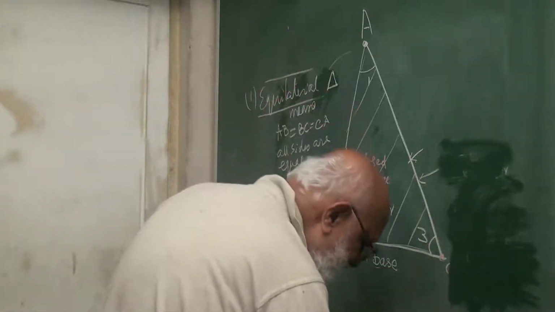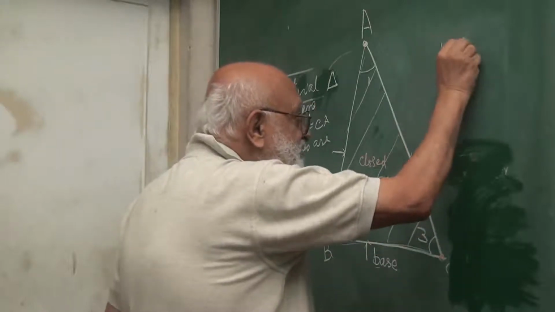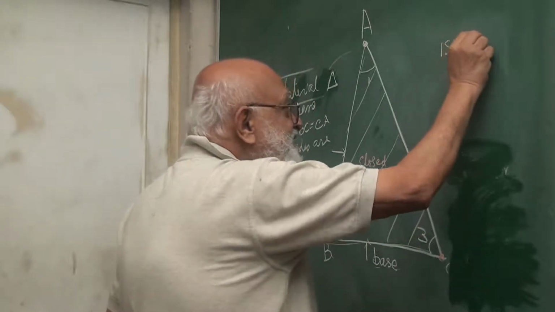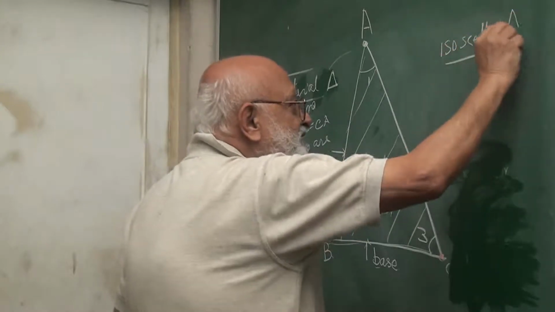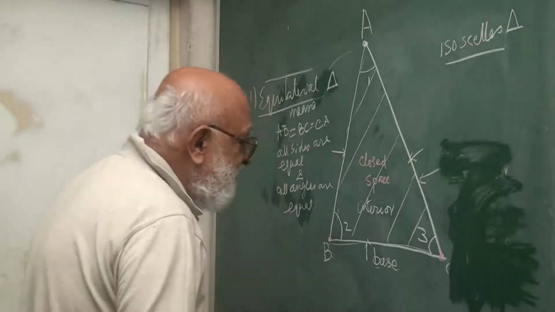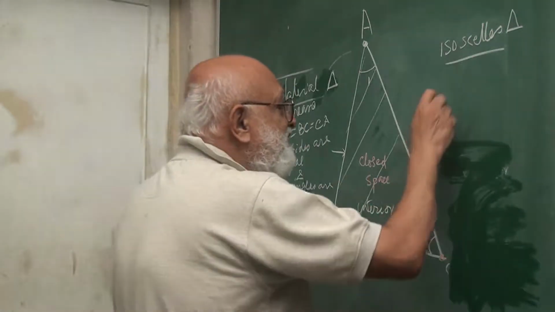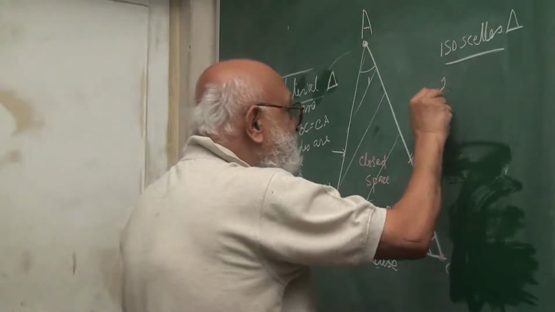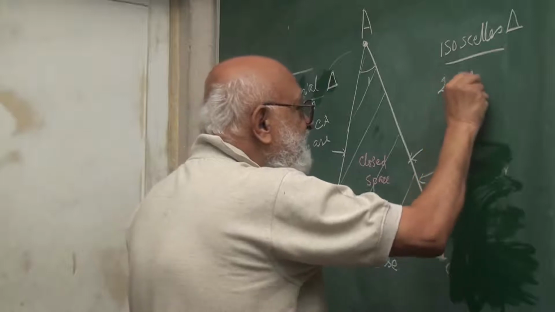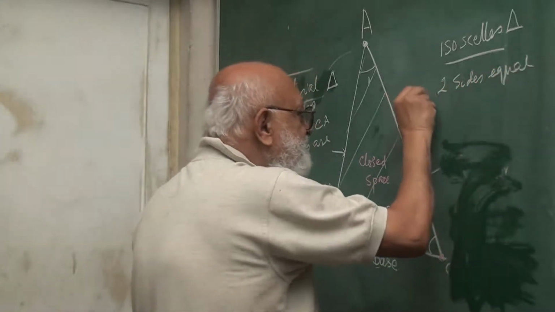Okay, what is the next one? The next one is isosceles. Isosceles triangle means that two sides are equal. So it should have two sides equal, any two sides.